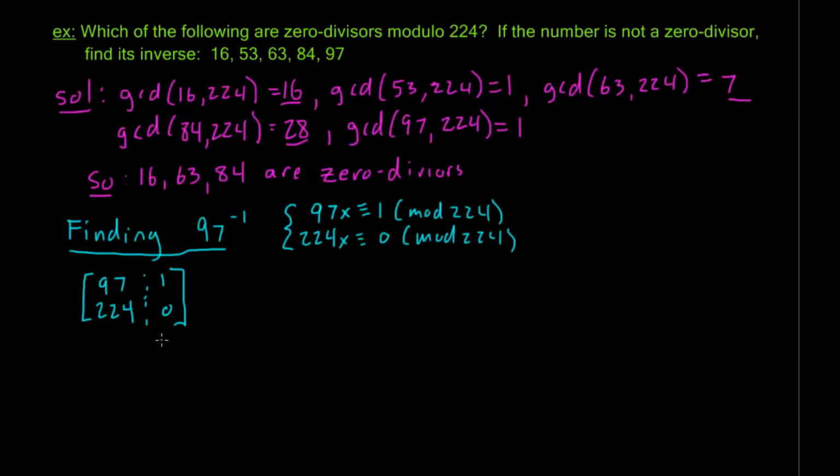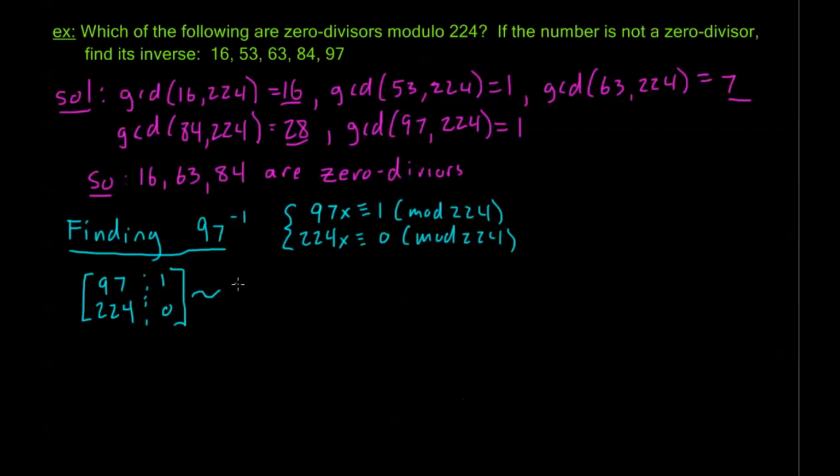We have our solutions on the right, and it's equivalent to what I'm trying to do with the adjusted Euclidean algorithm matrix. So let's go ahead and solve this out. Now normally we're just going to operate on the left-hand side to find the GCD, but now we know the GCD is 1. So we're going to go until we get down to 1 on the left-hand side, and then whatever's to the right of that 1 is going to be 97 inverse. So we'll make that connection there.